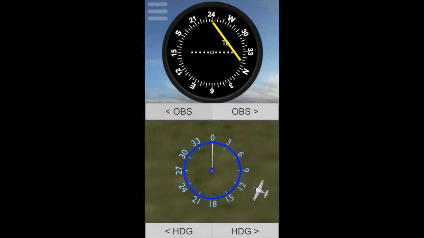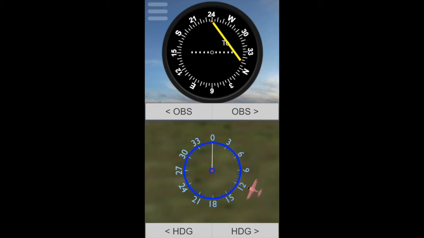If I'm anywhere between the 150 and the 330, I would get a from. If I'm anywhere between the 330 and the 150, I get a to. Okay, so let's test this. Anywhere between the 150 and the 330, here's the aircraft, I am getting a from indication. Go to this side now, between 330 and 150, I'm getting a to indication, period.